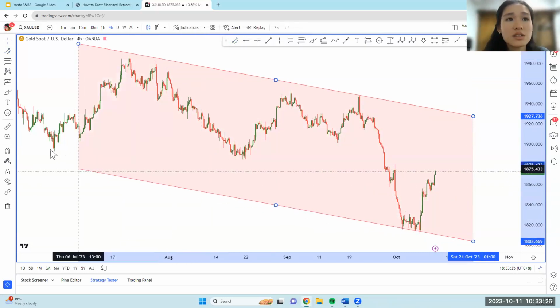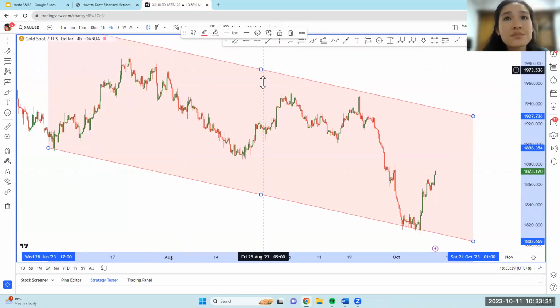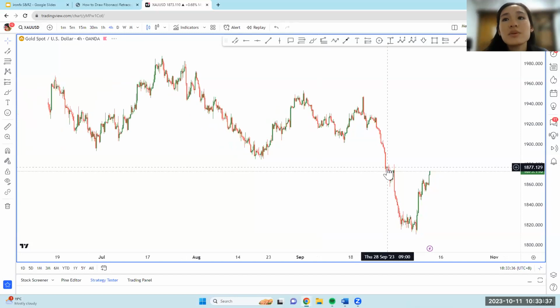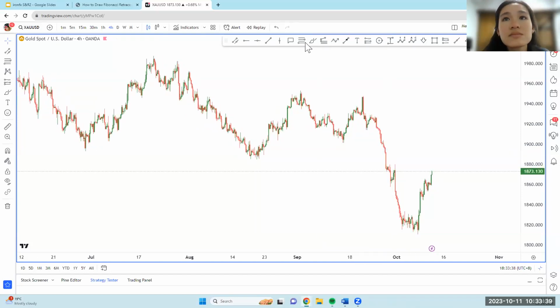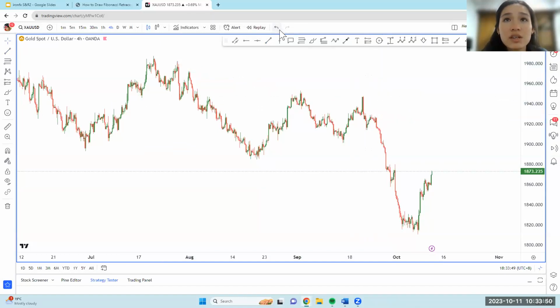Let's see if we have a trend channel. Okay, no, we don't. Do we have a trend line? Okay, also no, because we have this area here.